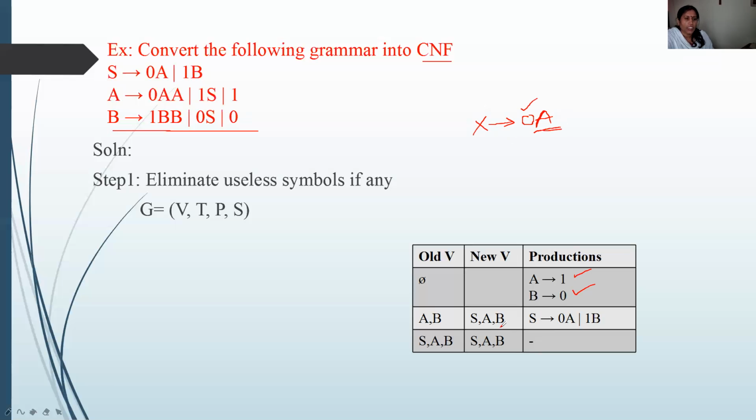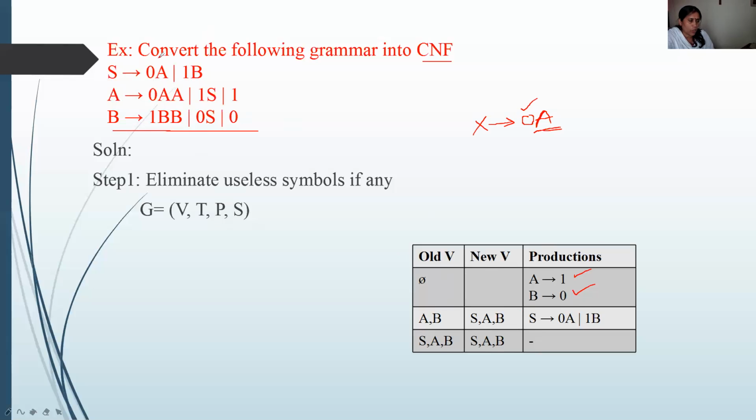Yes, A is generating. Then we'll include that X here. That is, we should go on including the variables in this new variable column. So check here: A produces 1, B produces 0, and A, B we have considered. Now, we have to check in the productions whether any of these variables which we have already found to be generating have terminals along with them. If they are there, then we will include them.